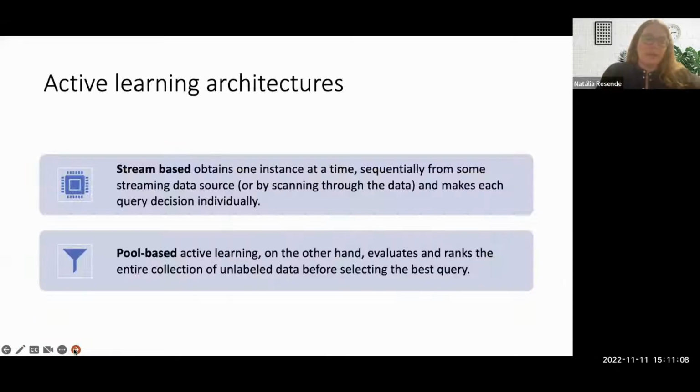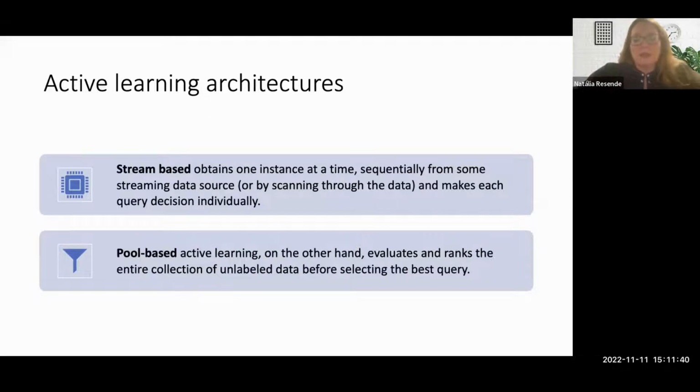We also saw that we have two types of active learning architectures. In the stream-based, the strategy decides individually for each of the instances presented, so it obtains a score of the level of utility of each instance one at a time.